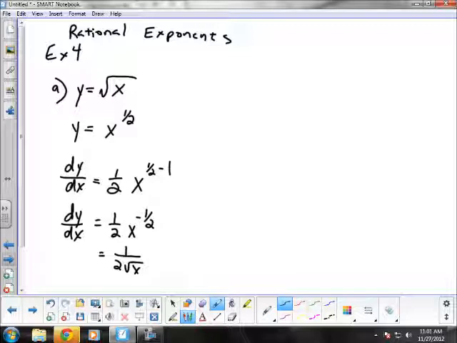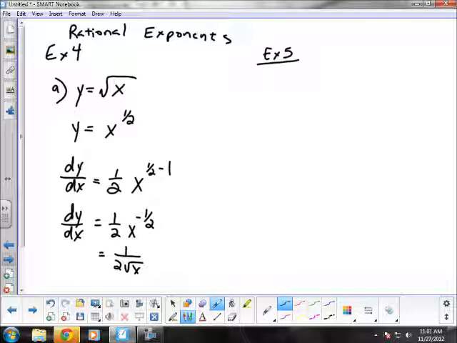Do you need to see another one of those, or are you remembering what it looks like with the regular derivative? Got it? All right, so example 5 takes this idea of being able to do this with rational exponents and then includes it with the implicit differentiation.